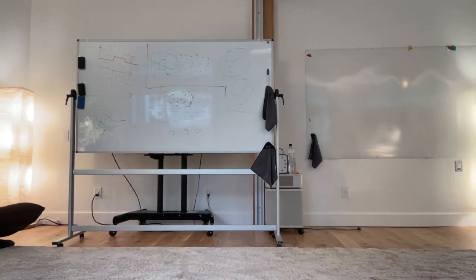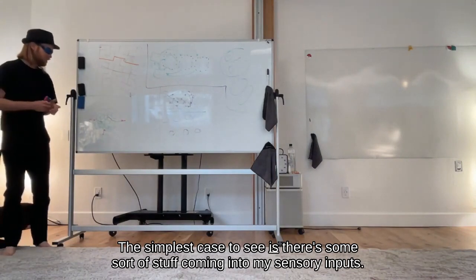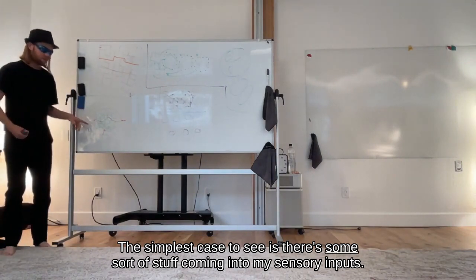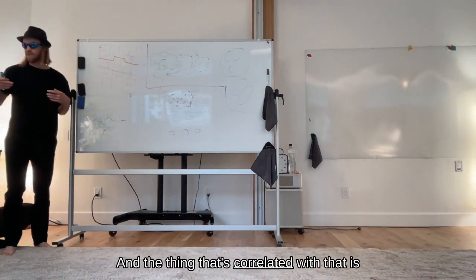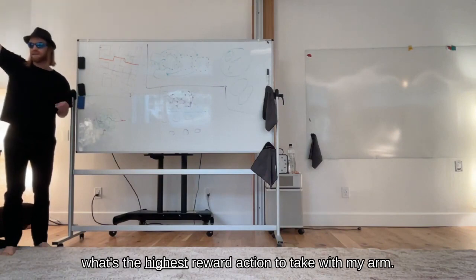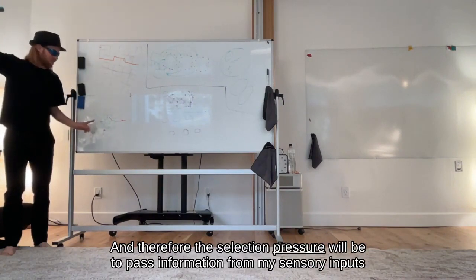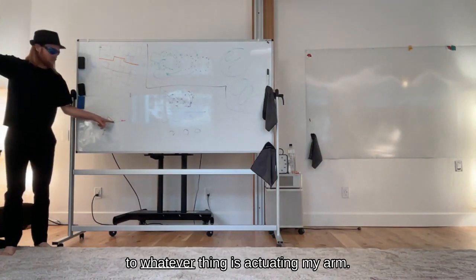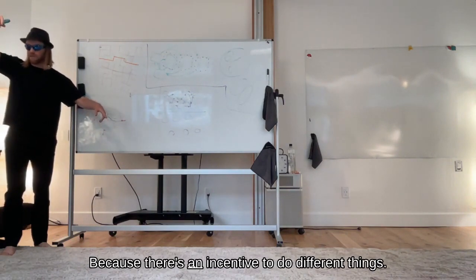The simplest case to see is there's some sort of stuff coming into my sensory inputs, and the thing that's correlated with that is the highest reward action to take with my arm. Therefore the selection pressure will be to pass information from my sensory inputs to whatever thing is actuating my arm, because there's incentive to do different things.